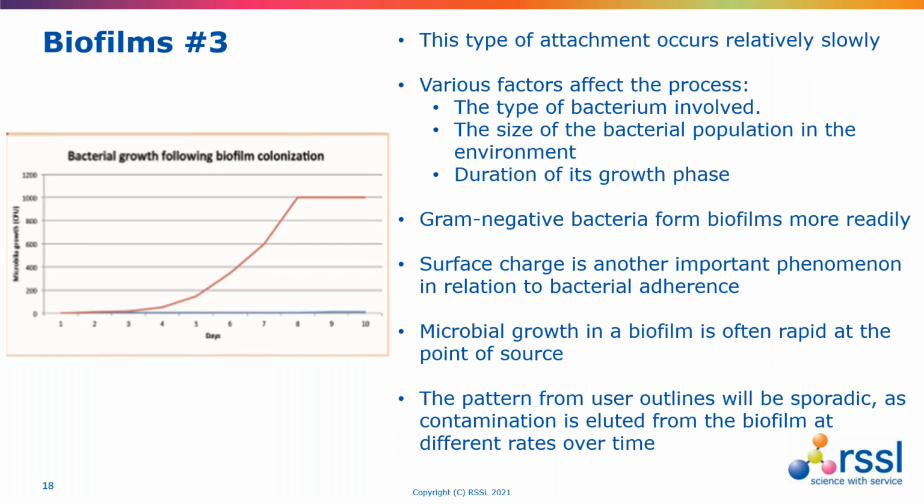Gram-negative bacteria tend to form biofilms more readily, and this is obviously a concern to water systems. That's partly due to their cell appendages and also to the lipopolysaccharide, which is the endotoxin-causing substance as well. Another important factor is surface charge.